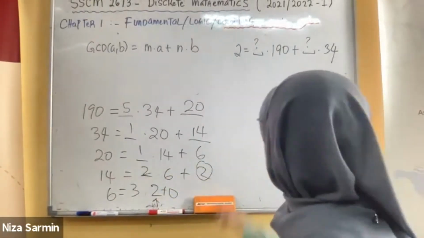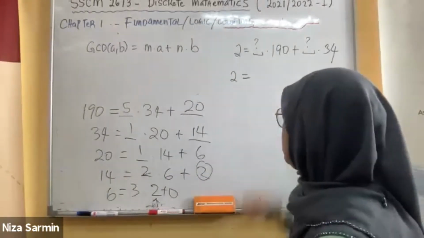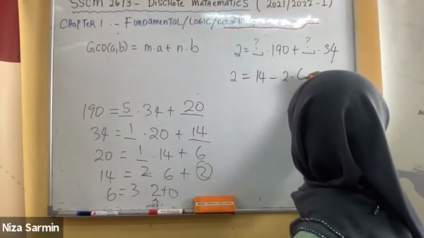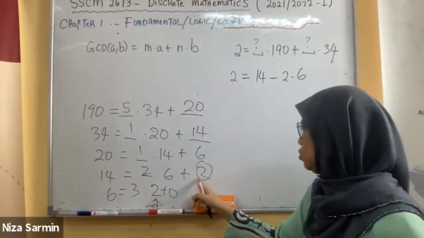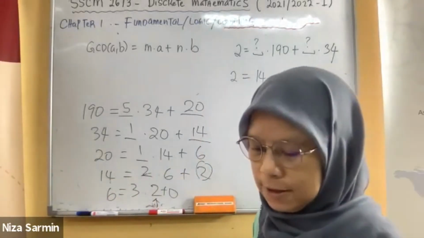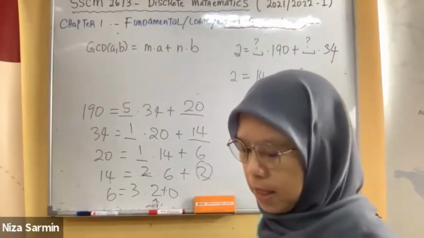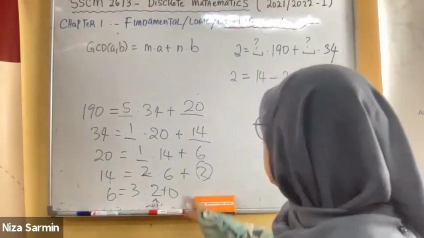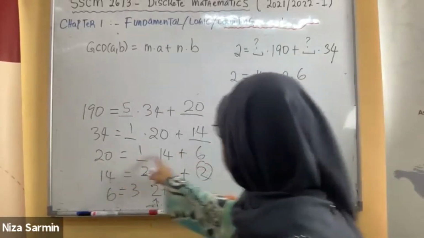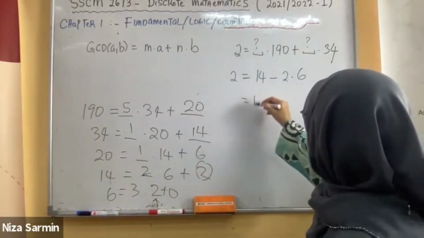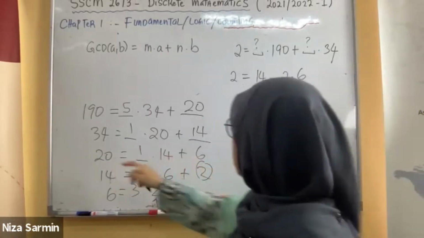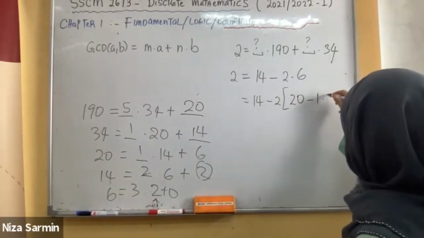So 2 equals 14 minus 2 times 6. Now, but 6 can be written as this: 6 is 20 minus 1 times 14.